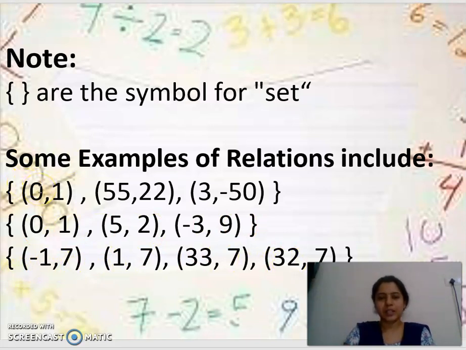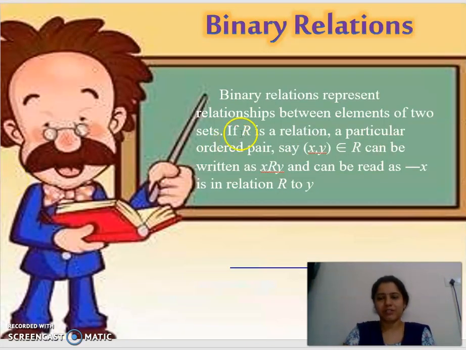Then how we get these pairs: first we'll see the definition of a relation. Generally we also call a general relation a binary relation. The definition of a binary relation is a relationship between elements of two sets. The two sets may be two different sets or the same set.